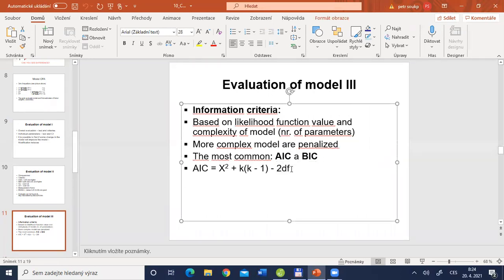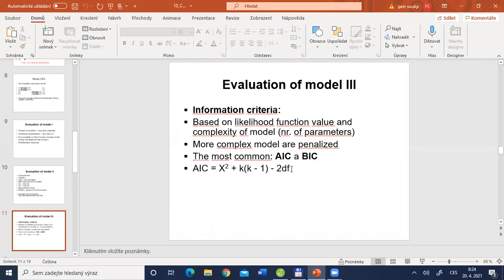The logic for the evaluation of these criteria is quite simple. The smaller value means that the model is better. Usually we find a recommendation that a difference of 10 points or more means a much better model.